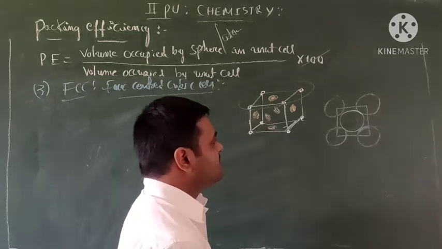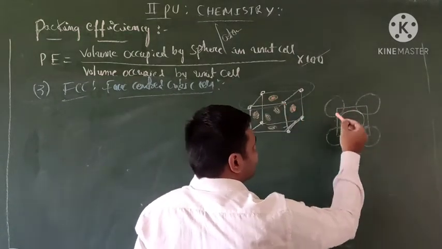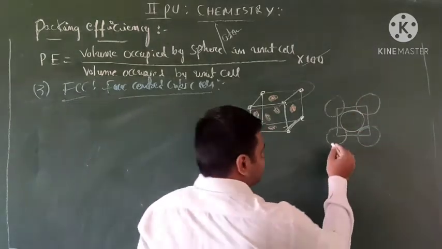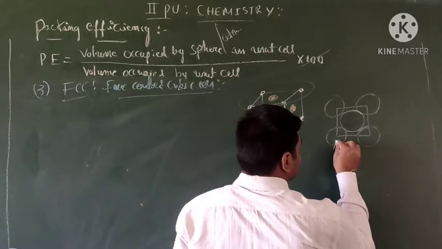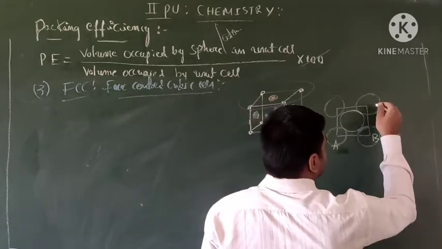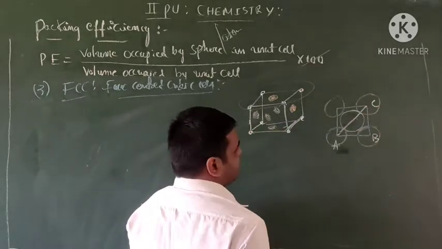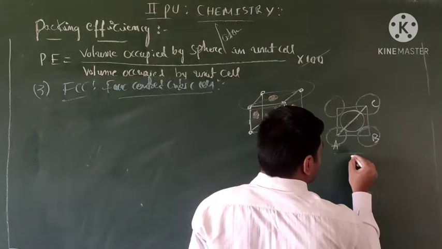Okay students, so see, this is the center of the body, and the remaining four atoms are present in these four positions. You consider this as A, this as B, and this as C, and this is a straight line. So these are our edge lengths.